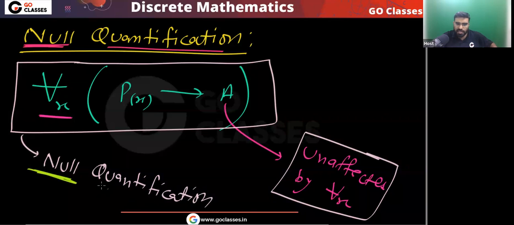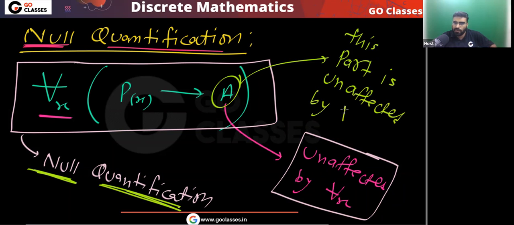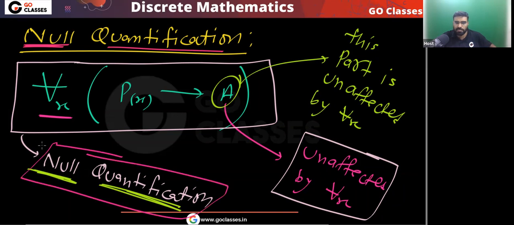Null means nothing. Null quantification means this part is unaffected by for all x. When you have this part which is unaffected by for all x, this type of expression we call null quantification.